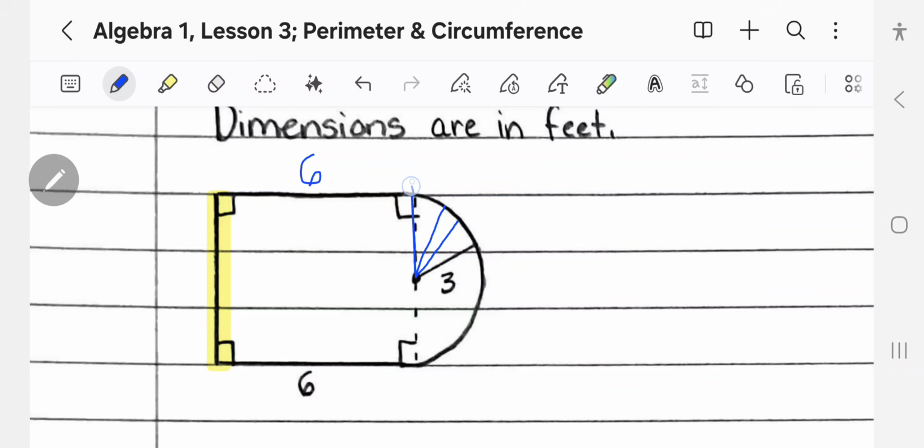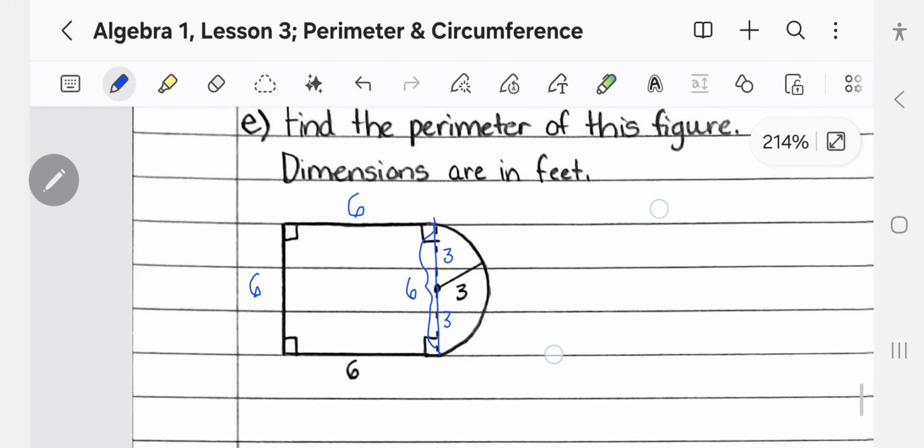That's still a radius, right? So if that's my radius, that's 3. And I could also look at it as right here, and that's 3. So now I know, hey, this total is 6, the diameter of that semicircle, which would mean this side has to also be 6.